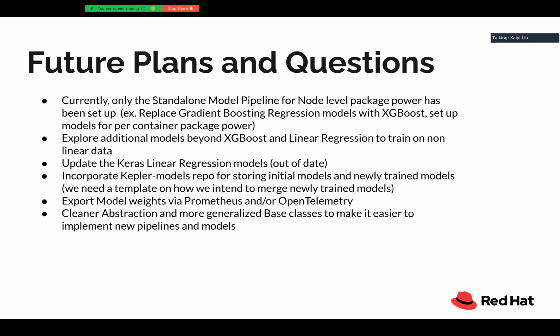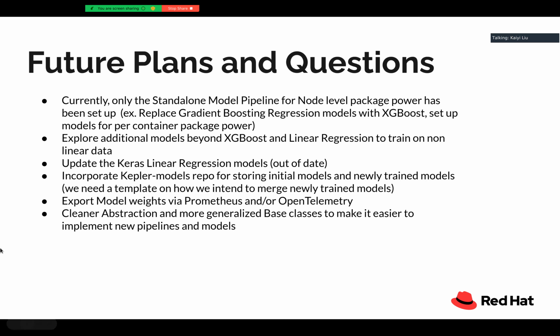It's mainly designed for the Keras models, and it's not generalized enough, so completely new models and pipelines we want to set up can't really use train pipeline, or a lot of the functions it implements aren't really relevant for XGBoost, since it was designed mainly for Keras.